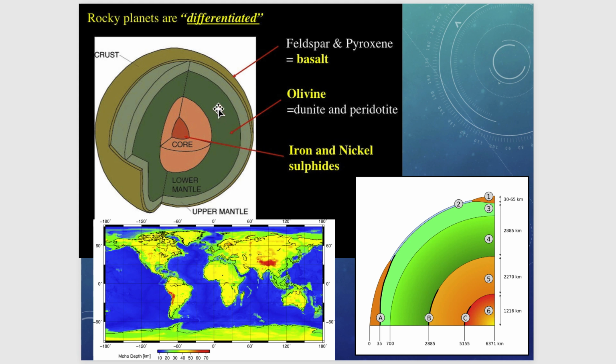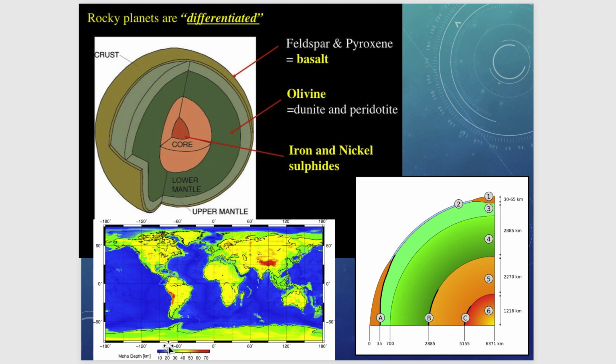So the mantle is very olivinic, and it does still have a significant amount of pyroxene and feldspar. Those are the key minerals in the mantle. The increase in magnesium usually corresponds to the presence of olivine. So the mantle is still very rich in silicates.